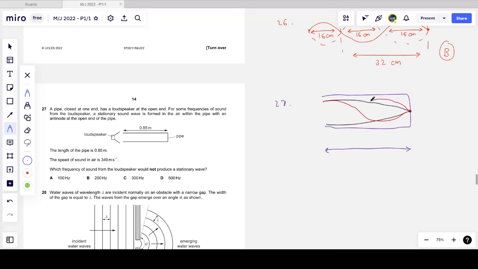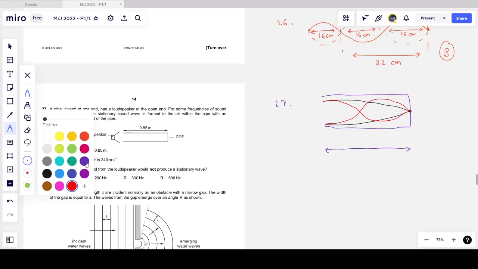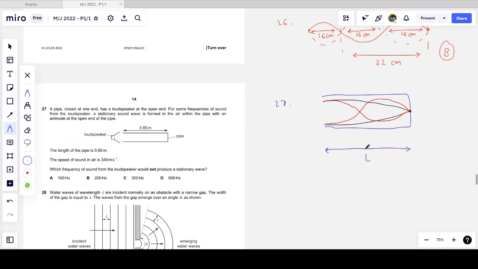And so an antinode, a node, and there must be an antinode at the open end. So these are the different frequencies, the different types of standing waves that are going to be produced. Now, how do I know what frequencies are going to generate these patterns? And I can draw other patterns as well, as long as I have an antinode at the left-hand end and a node at the right-hand end.